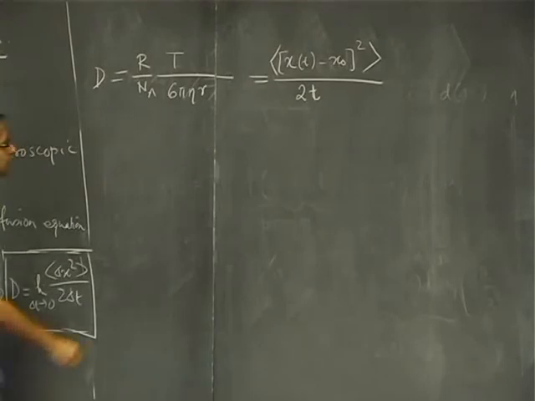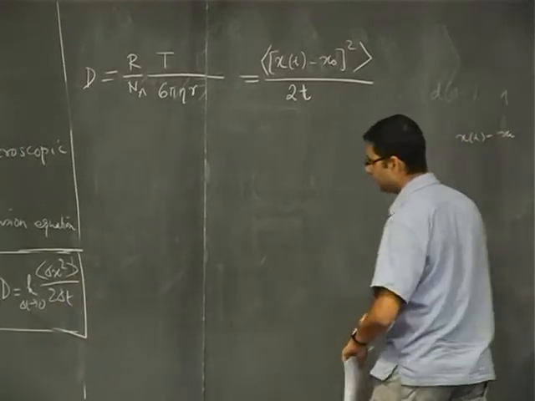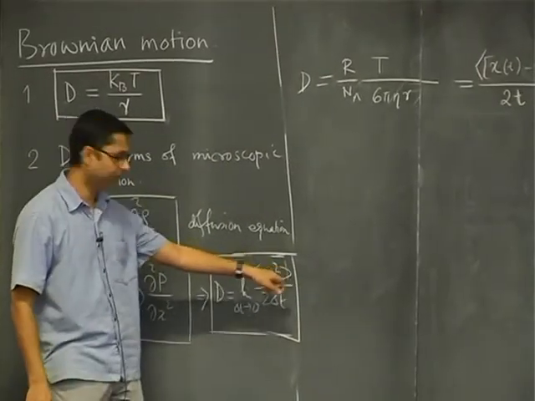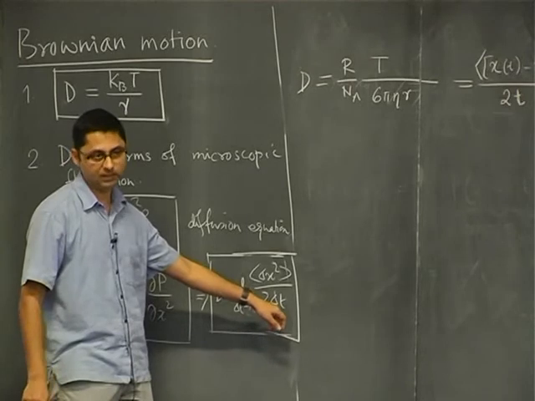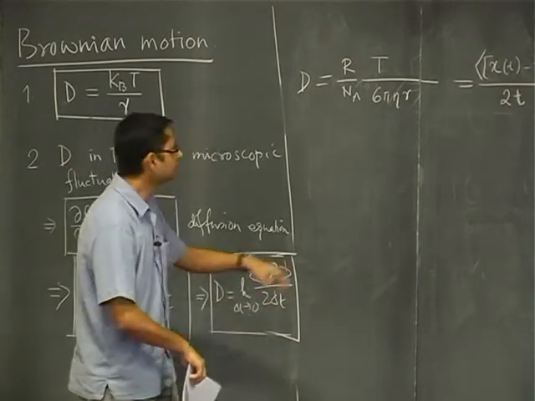So that was the exercise. It just says that this delta x is now xt minus x0. So this is valid for any delta t. It need not be small. So then D is just this one.